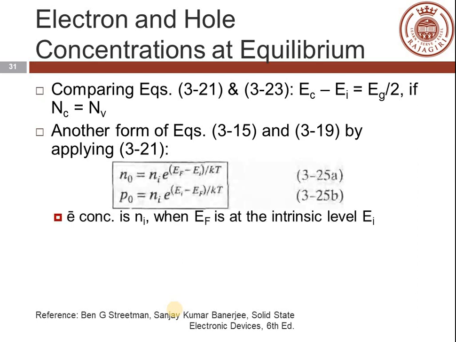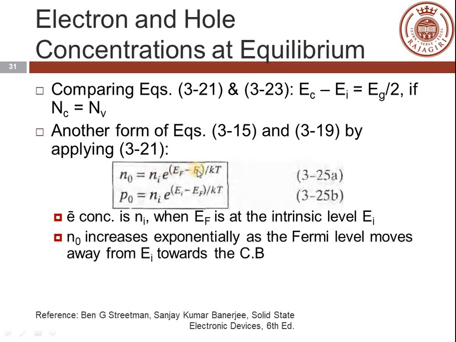So the meaning is, electron concentration is ni when Ef is at the intrinsic level Ei. The first expression 25a gives n0 equal to ni times e to the power (Ef minus Ei) divided by kT. So if Ef is equal to Ei, that is for an intrinsic semiconductor, this term will be e to the power 0. That means n0 equals ni when Ef is at the intrinsic level Ei. Similarly, for holes, p0 will be equal to ni.